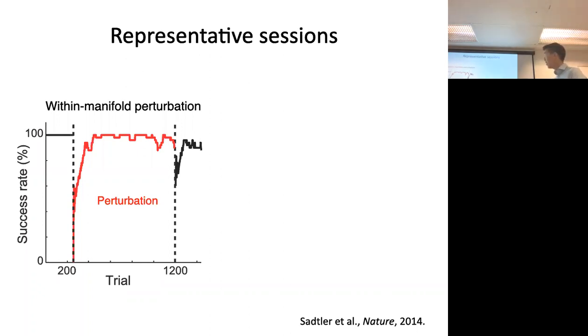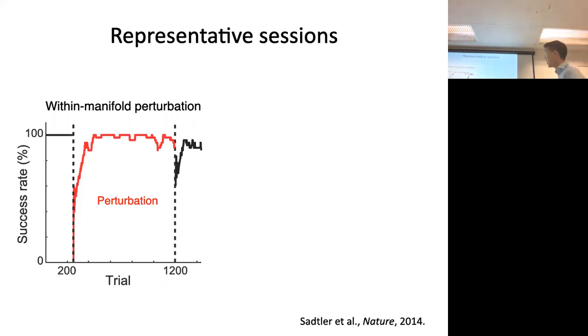The horizontal axis is the trial count throughout the day, and the whole axis is about an hour and a half of experimental time. One trial is moving the cursor from the center to hit a target. At the very beginning, we see that the animal performs at 100%, just like what you saw in the video.